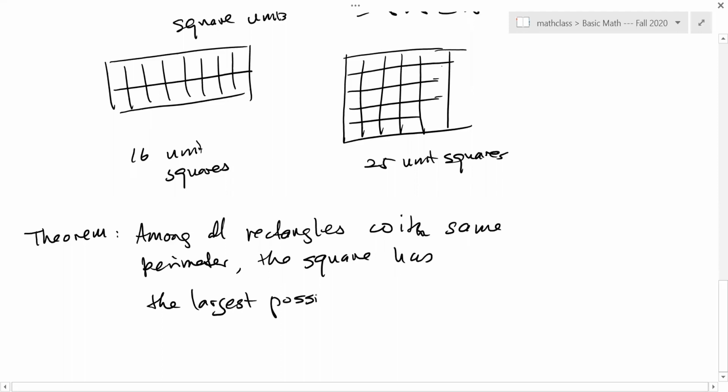But it's not easy to prove, okay? If you take my advanced math class, you can prove that. It has the largest possible area.